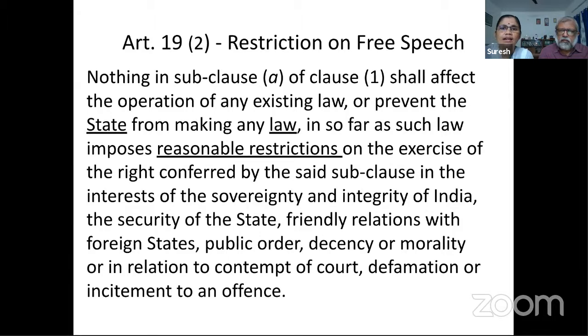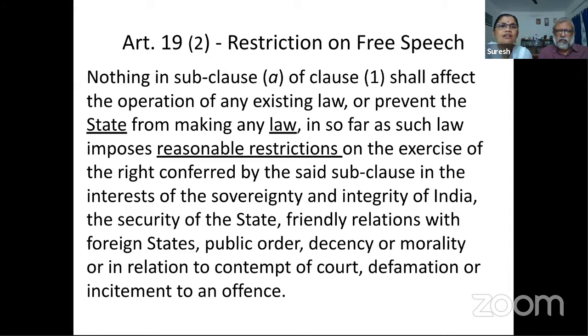So it could be competing with individuals, it could be competing rights within a given context. So in both ways, no right is absolute, and it is subjected to certain restrictions which have to be reasonable. Now, but as far as free speech is concerned, the Constitution itself spells out what are the restrictions which the state can impose. So now I will just read the text slowly, because it would be important that you note the relevant provisions.